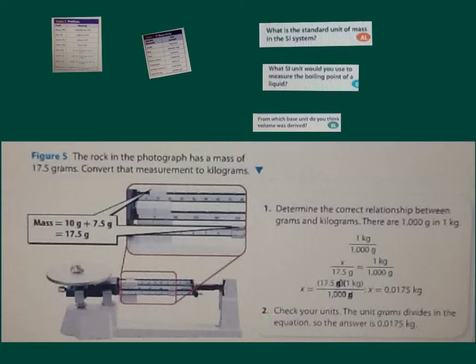Check your units. The unit grams divides out in the equation, so the answer is 0.0175 kilograms. We will go over more of that in class, but I want you to notice the steps that we're listing here.